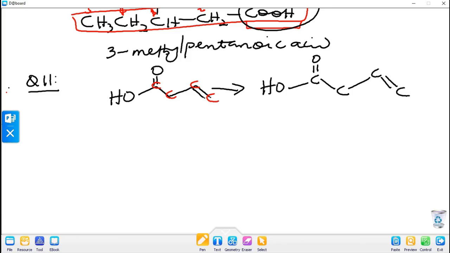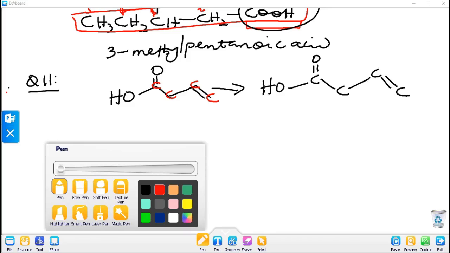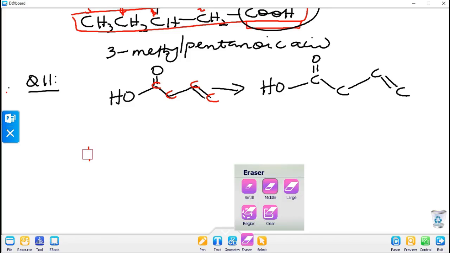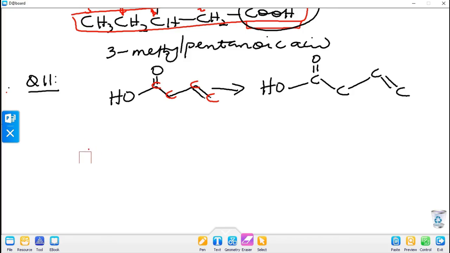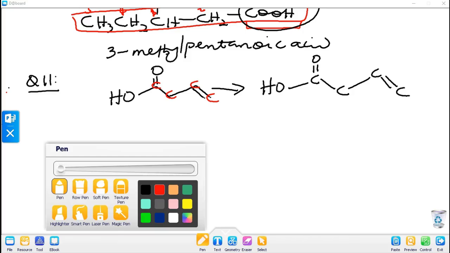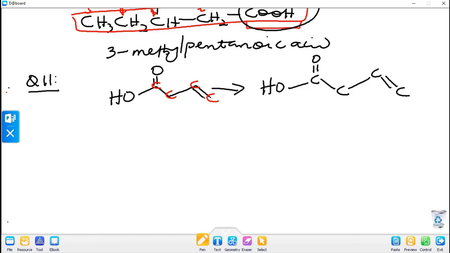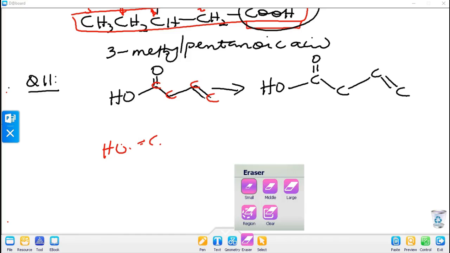Now the next thing you ought to do is complete the bonding for each of the carbons. Let's try to erase that first. So we have our compound above as HO, C. Let's try to erase this.